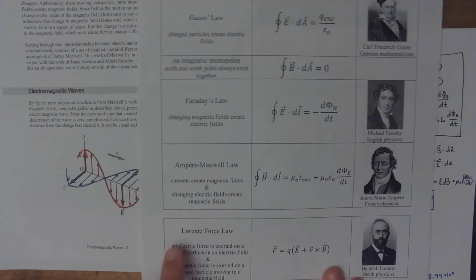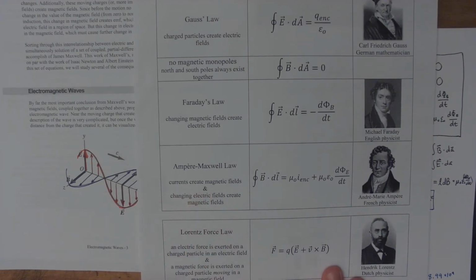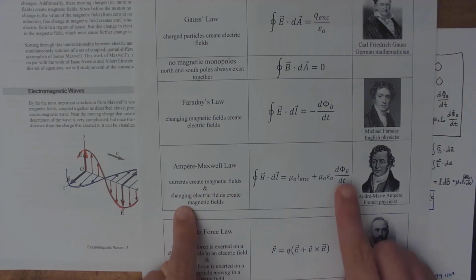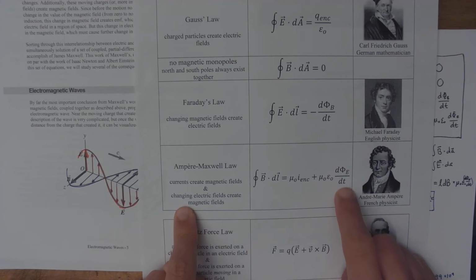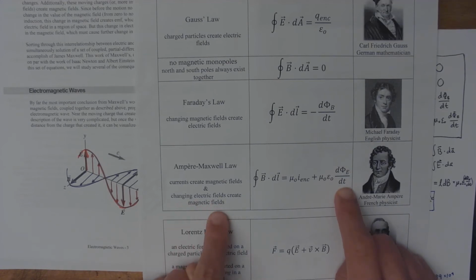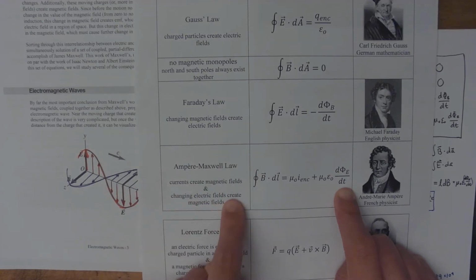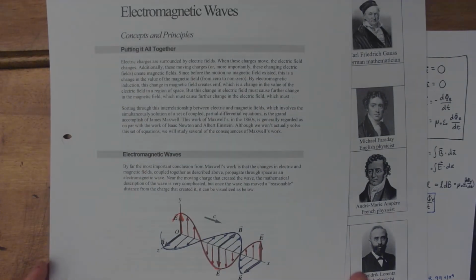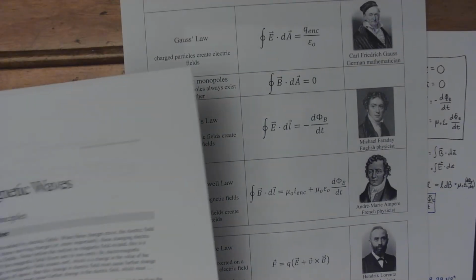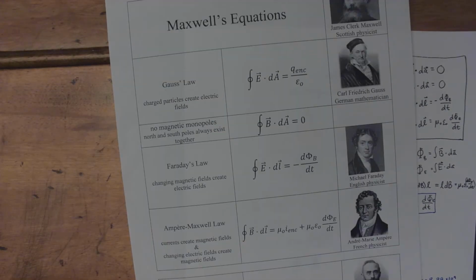And Ampere's law, now that we have fixed Ampere's law, says not only do currents create magnetic fields, but changing electric flux also creates a magnetic field. So you have a changing magnetic field creating an electric field, but that electric field is changing and creating a magnetic field. So we have this self-sustaining wave of changing magnetic fields and changing electric fields, and that's what we get from Maxwell's equations.